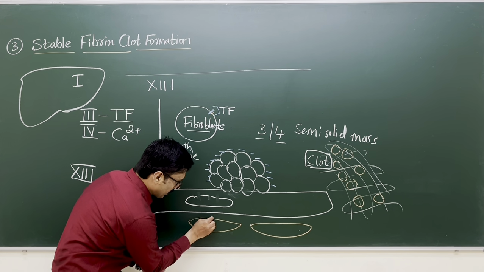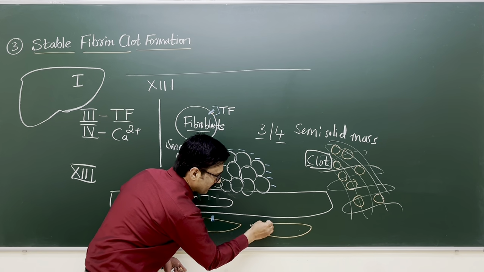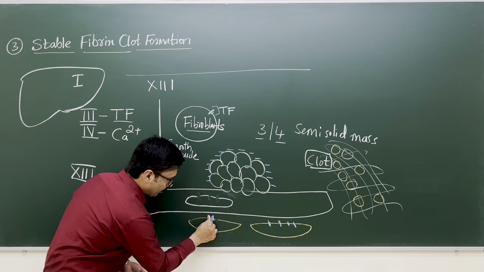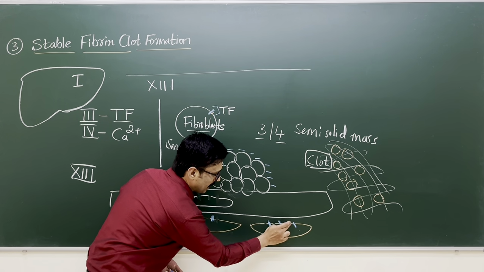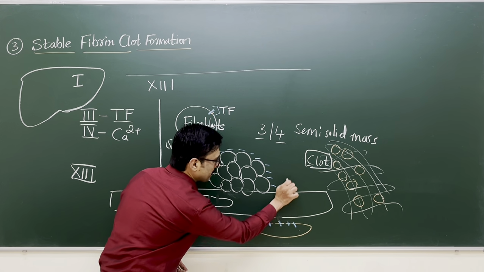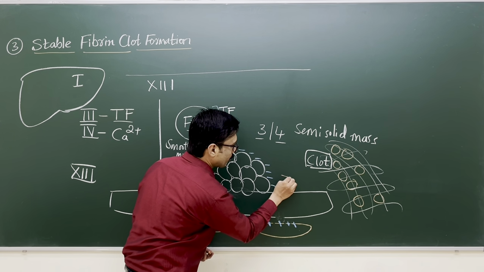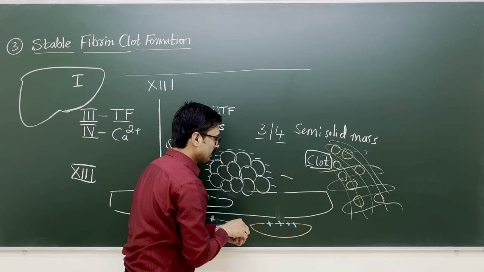So smooth muscles also will have the tissue factor. When there is injury to the vessel wall, these are all broken down into small fragments and released into the circulation. So the tissue factor will be released into the circulation. So this is a small fragment of cell membrane with tissue factor.